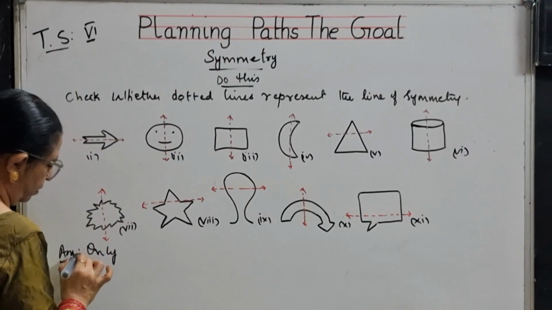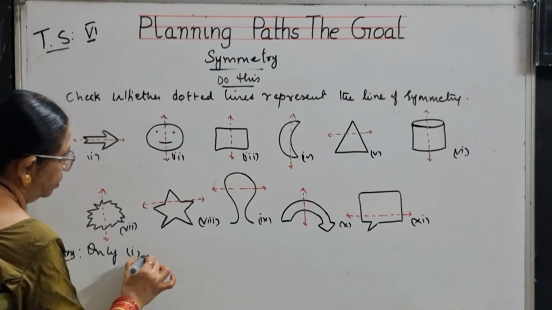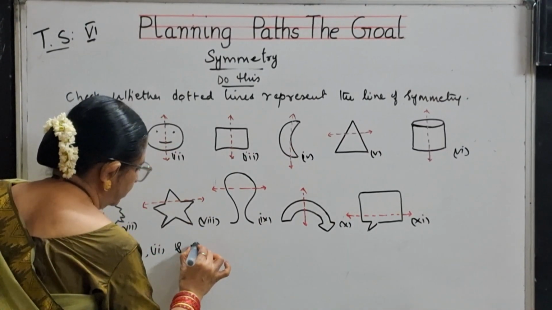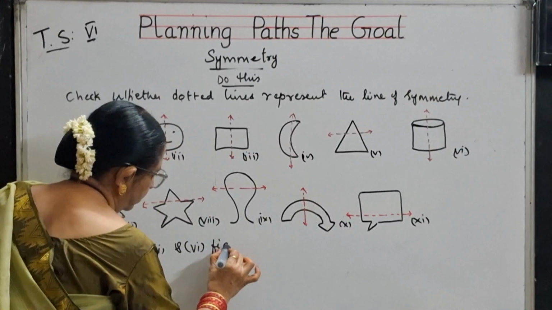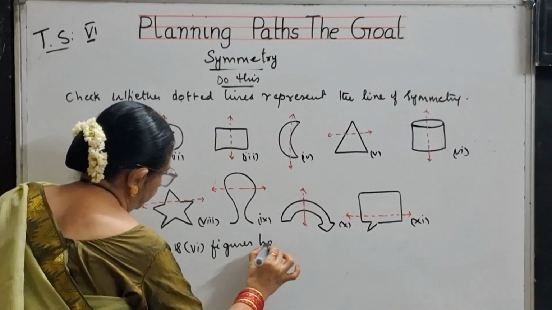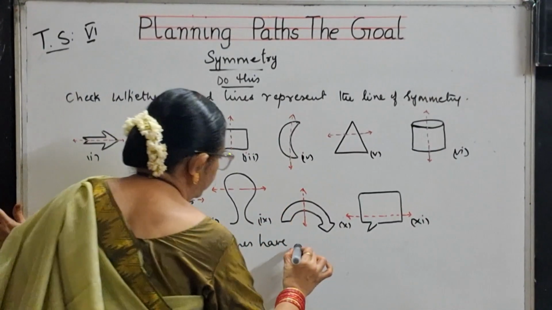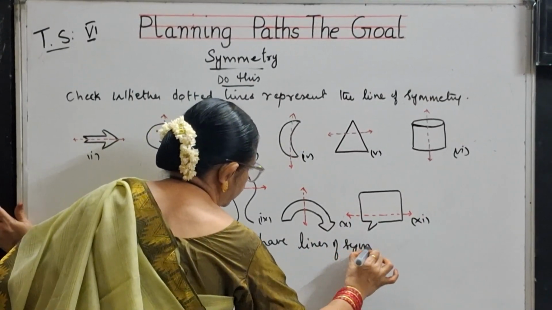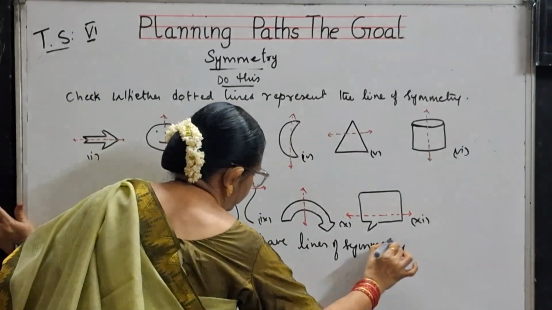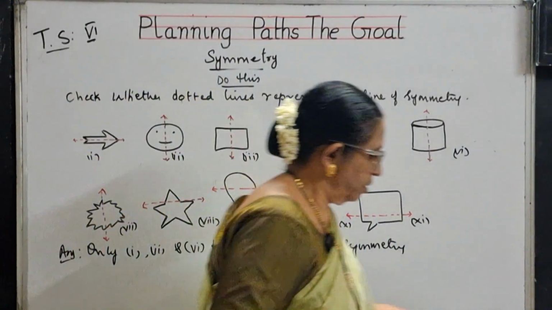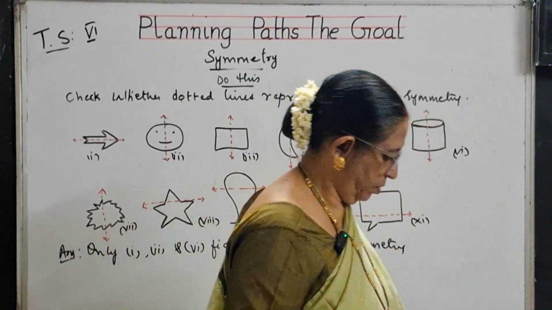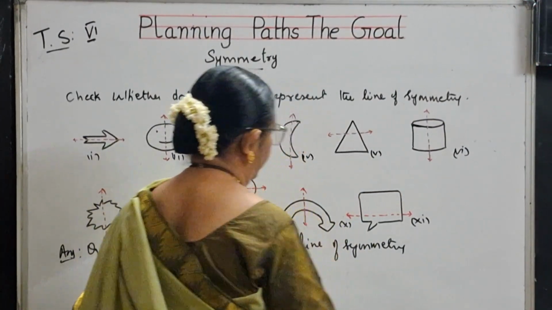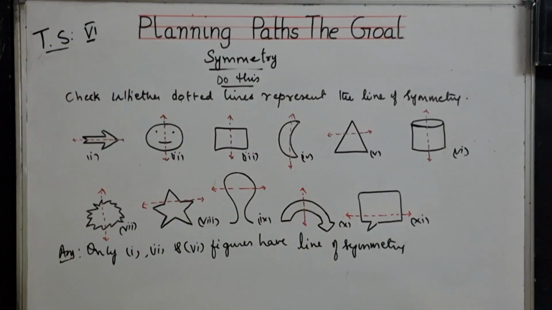Only the first, second, and sixth figures have lines of symmetry. Others do not have, children. Please note it down.